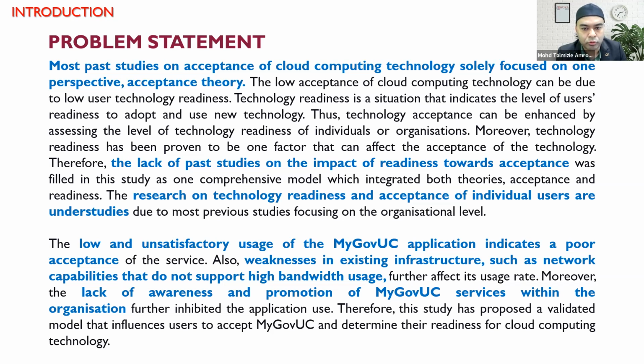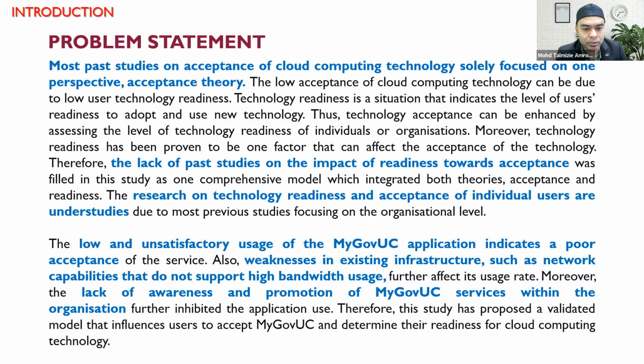Technology readiness is a situation that indicates the level of user readiness to adopt and use new technology. Thus, technology acceptance can be enhanced by assessing the level of technology readiness of an individual or organization. Moreover, technology readiness has been proven to be one factor that can affect the acceptance of the technology. Therefore, the lack of past study on the impact of readiness toward acceptance was filled in this study as one comprehensive model which integrated both acceptance theory and readiness.